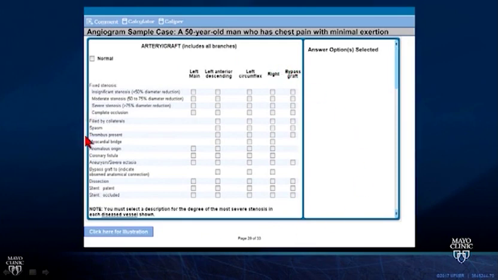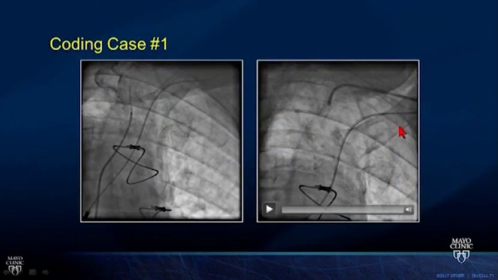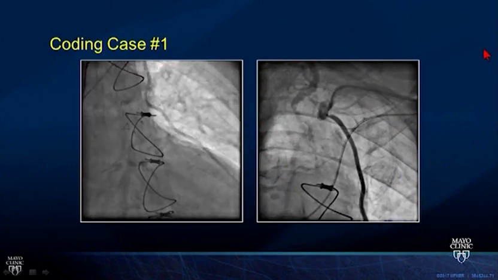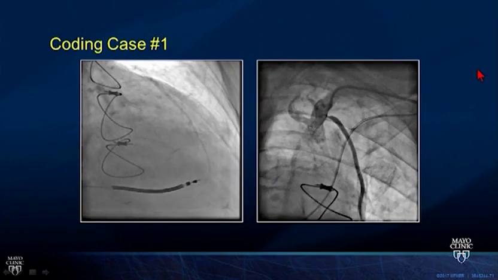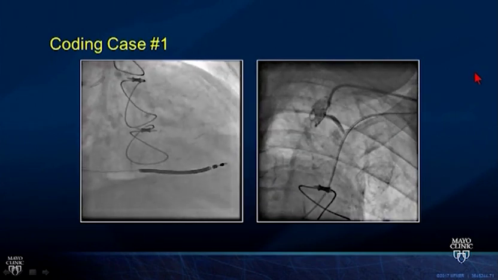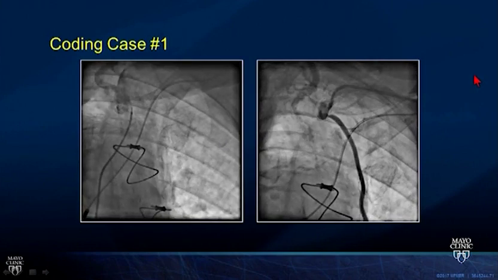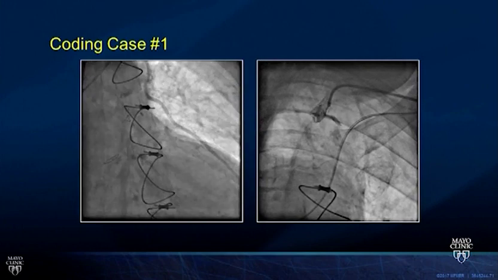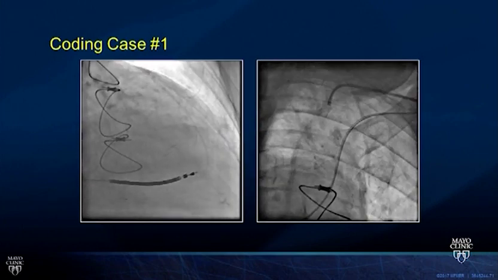The different pathologic findings are in the different rows here. So with that, we'll go through some of these cases. This is our first coding case, and I'll go ahead and play both of these and let you take probably about 10 to 20 seconds to answer these on your own, and then I'll show you what I would code these for.